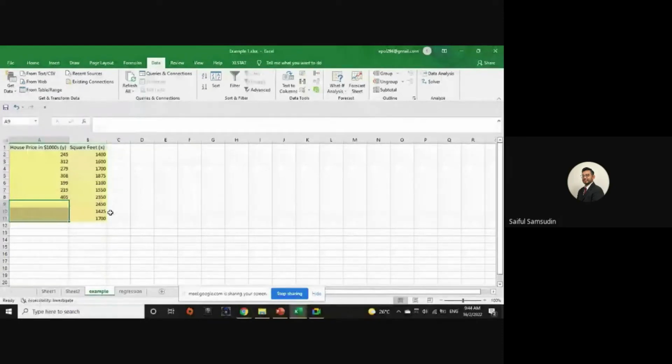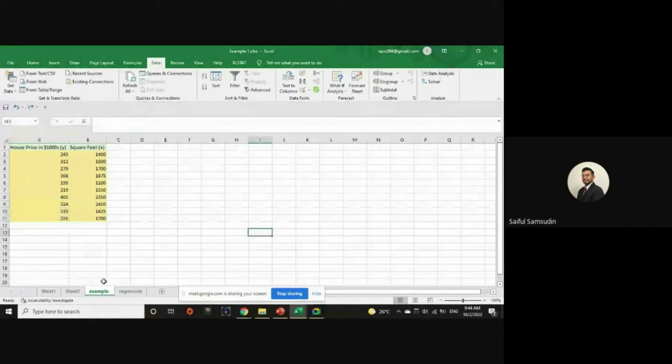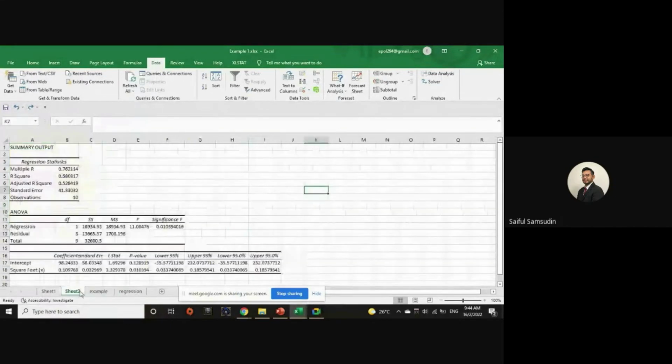This is our objective and our intention in making the regression. So I think I will continue.